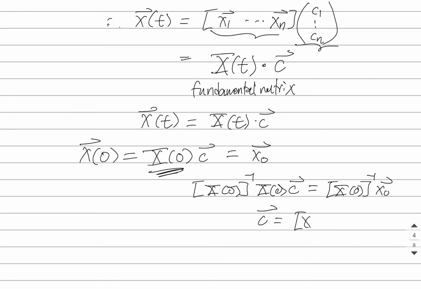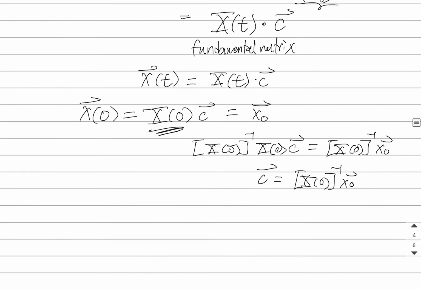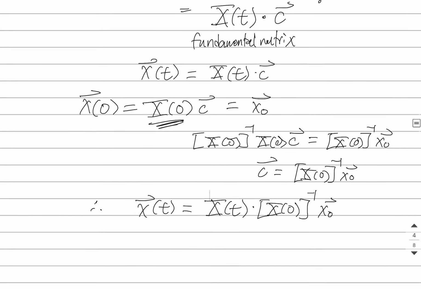It would just be the inverse of this fundamental matrix at 0. And then we put it all together. And when we put it all together, here's what we get. We'll get this X of t, the inverse of the fundamental matrix at 0. That's what we would get by solving the system in the normal way.